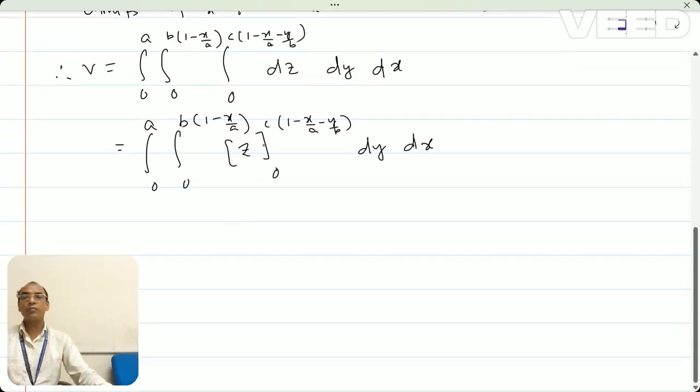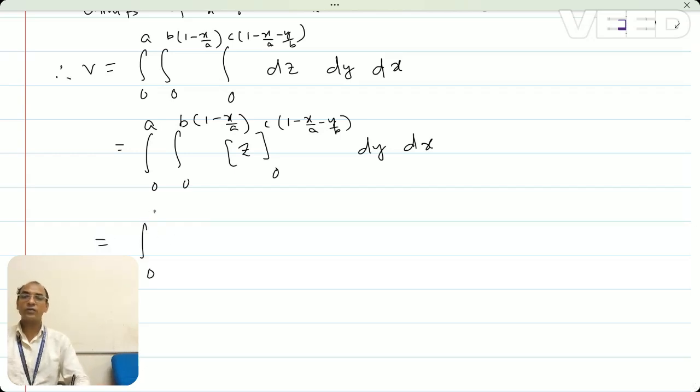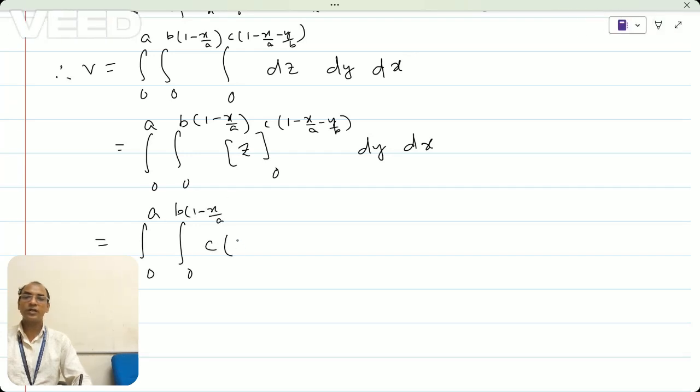Now if I put the upper limit and lower limit of z, we get integration 0 to a, integration 0 to b into 1 minus x by a, and the upper limit will be c into 1 minus x by a minus y by b, then dy dx. There will be no lower limit contribution because z equals 0.